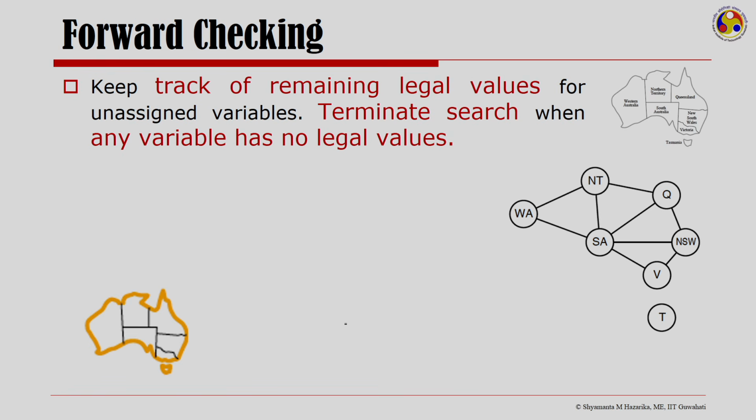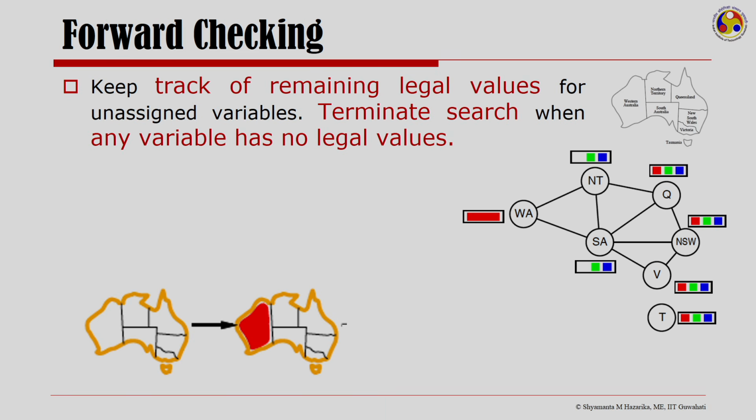So, let us look at this map coloring example to understand forward checking. Here on your right is the constraint graph, and we have 7 variables, as we have been discussing. To start with, all these variables could be colored in any one of the 3 colors.